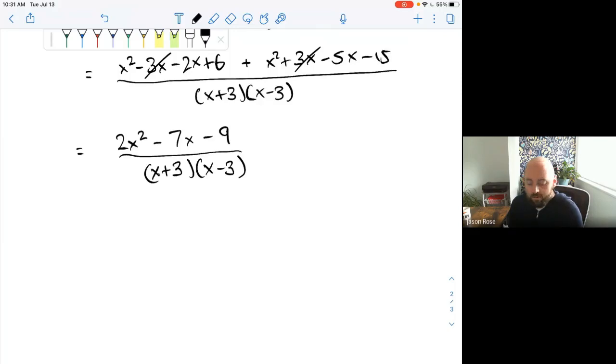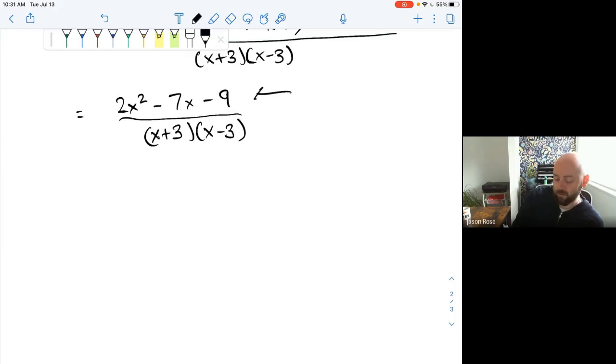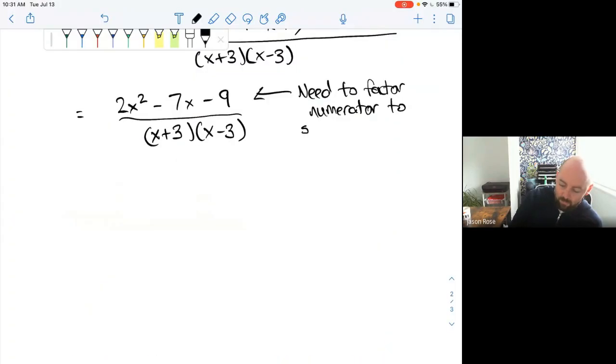We want, let me just write some notes here. So at this point, we need to factor the numerator to see if any cancellations can be made.